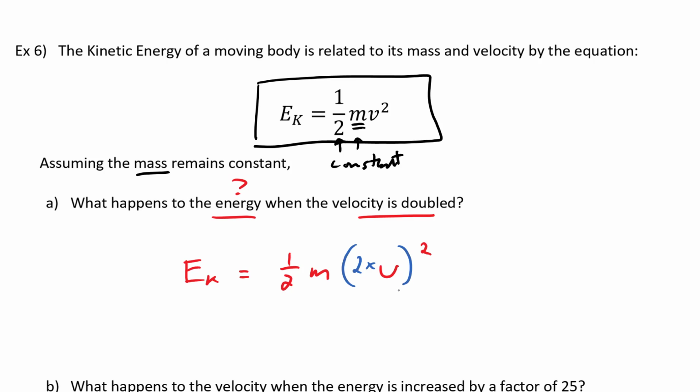So to balance things out, this value would here become 2 squared, which is 4. So to balance this out, the kinetic energy has to be multiplied by 4. So you can see right here, this is a direct relationship. However, as one value increases, the other value goes up significantly in size. Why? Because the variable is squared.